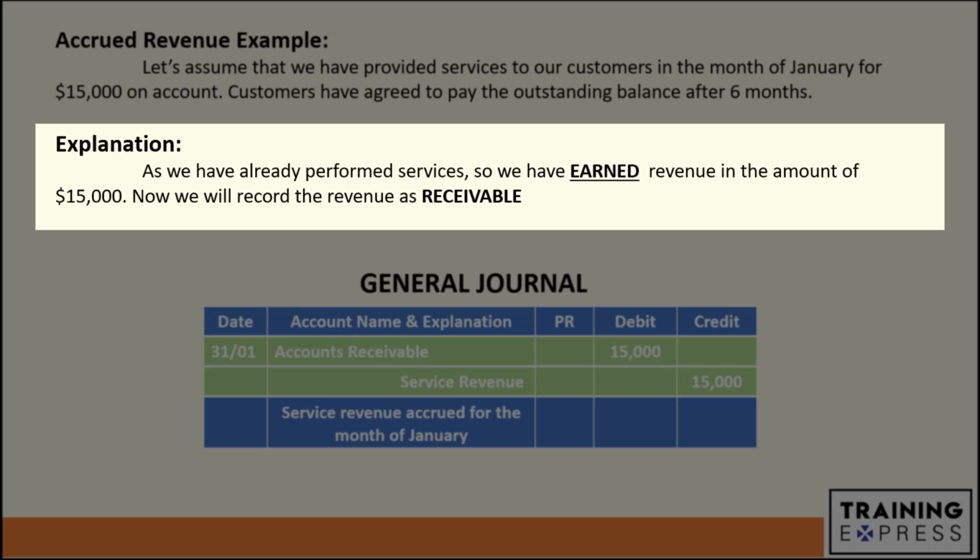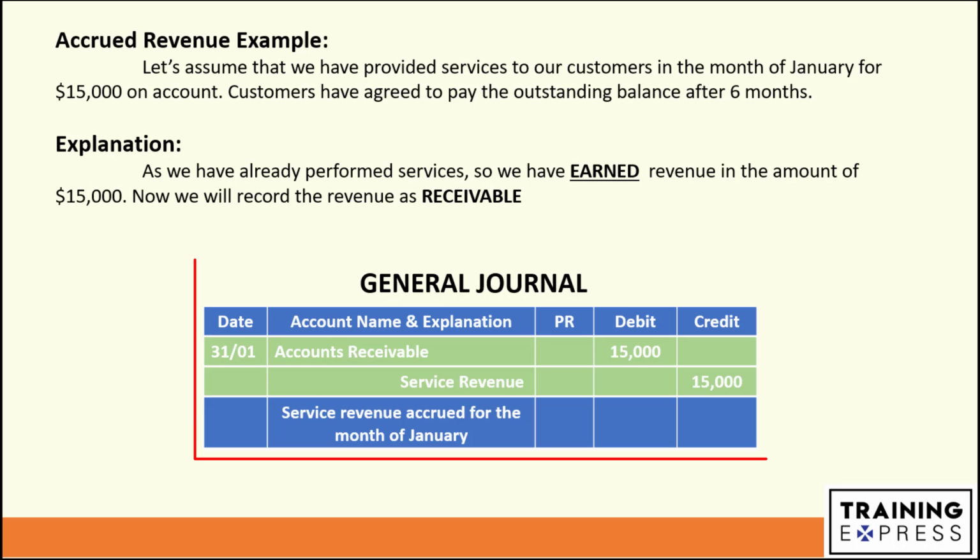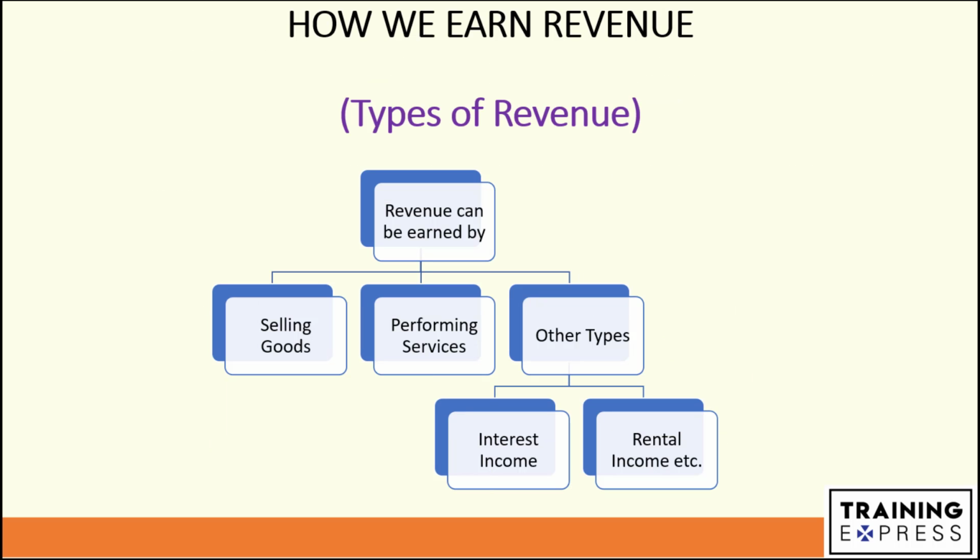Now we will record the revenue as receivable. Let's make the adjusting journal entry here. Accounts receivable will be debited by $15,000 and service revenue will be credited by $15,000.